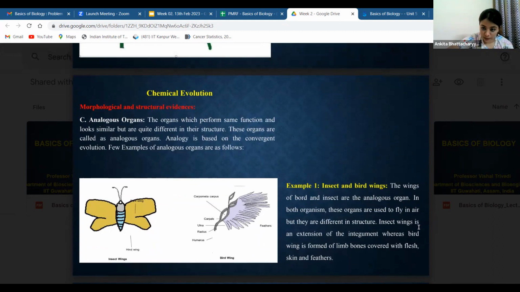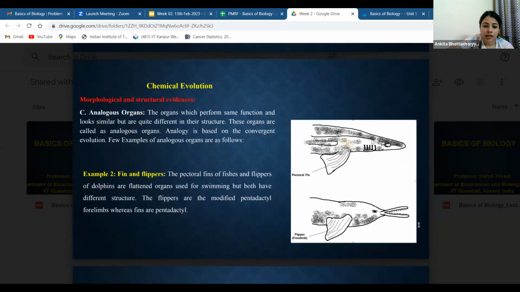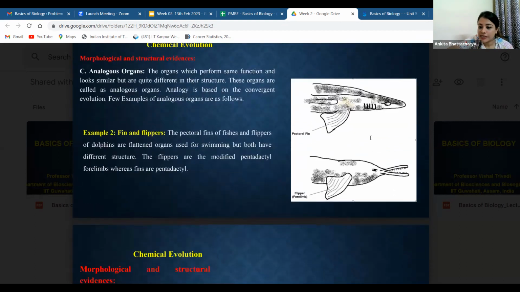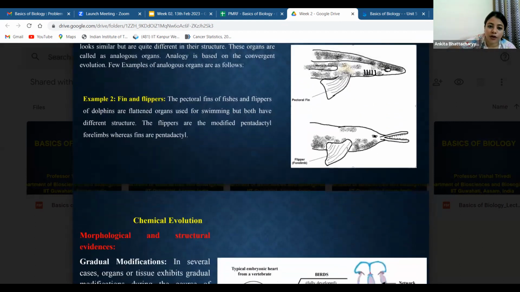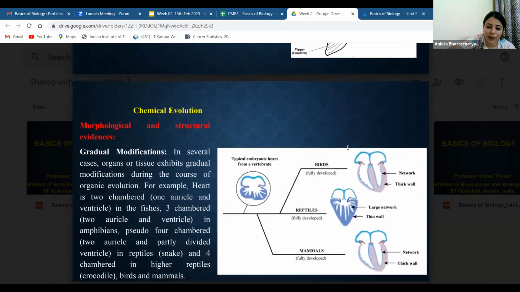And it was a part of your assignment as well, whereas the bird wing is actually limb bones that are covered with flesh, skin, and feathers. So that is an example of an analogous organ: they are performing similar functions, but their origins are completely different. Also, you see here fins and flippers are another example of analogous organs.